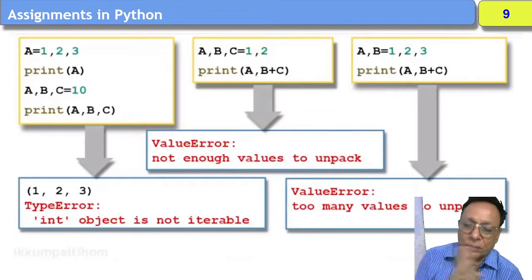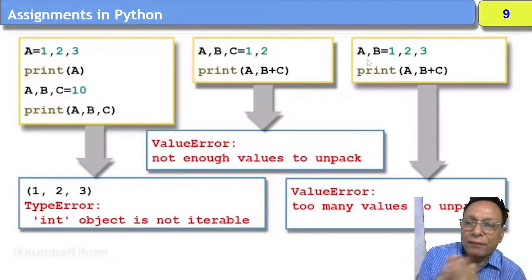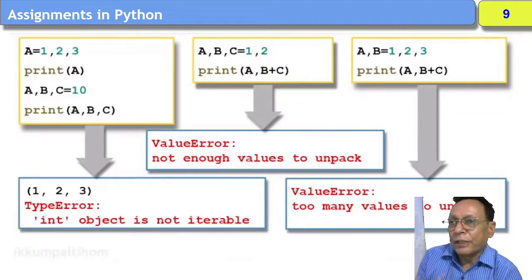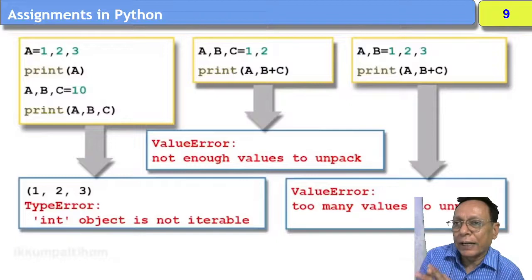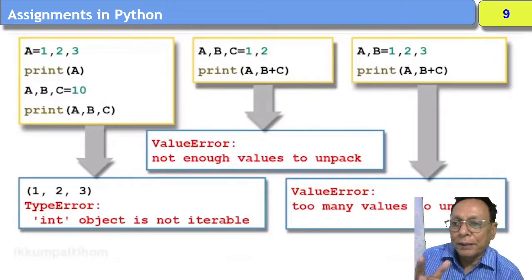Similarly, or vice versa, A, B is equal to 1, 2, 3. So on the left hand side, L value A, B, there are only 2 identifiers, but on the right side we have 3 literals. So this is again a mismatch, and that is why it again shows the error. Value error means too many values to unpack.